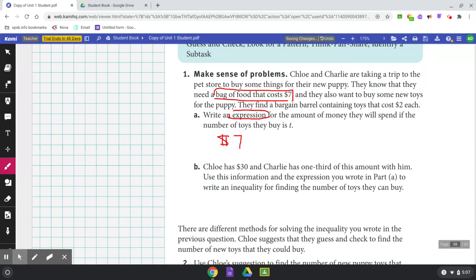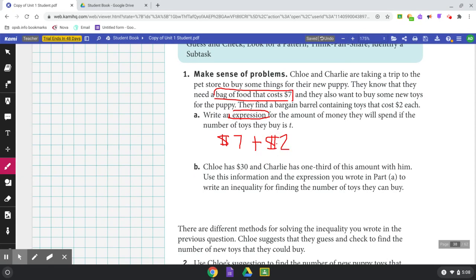So $7 is the bag of food. Then we're going to add the cost that we spend on toys. And our toys are $2 each. Whoop, that's a dollar sign. Holy moly. Okay, let's fix that. All right, so we know that our toys cost $2. There we go.